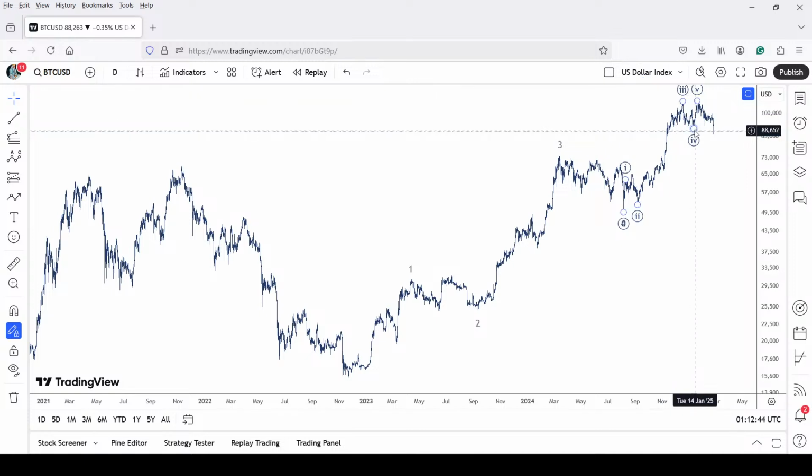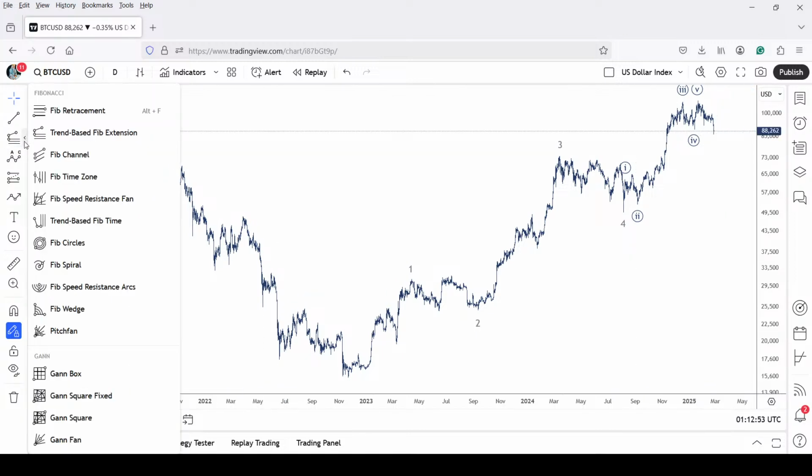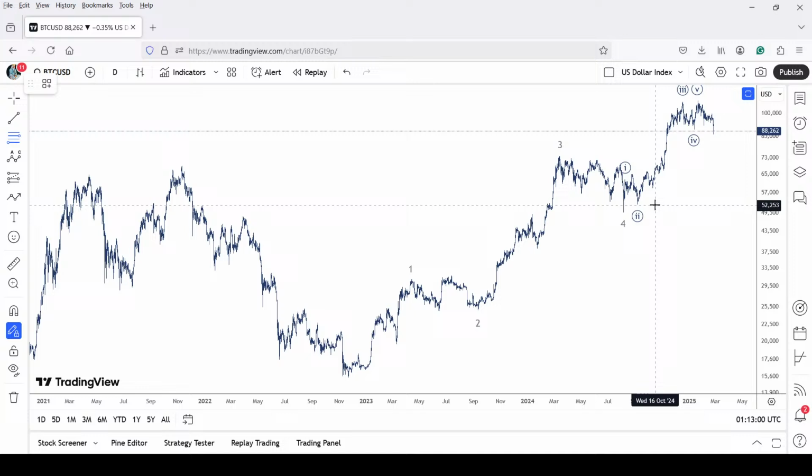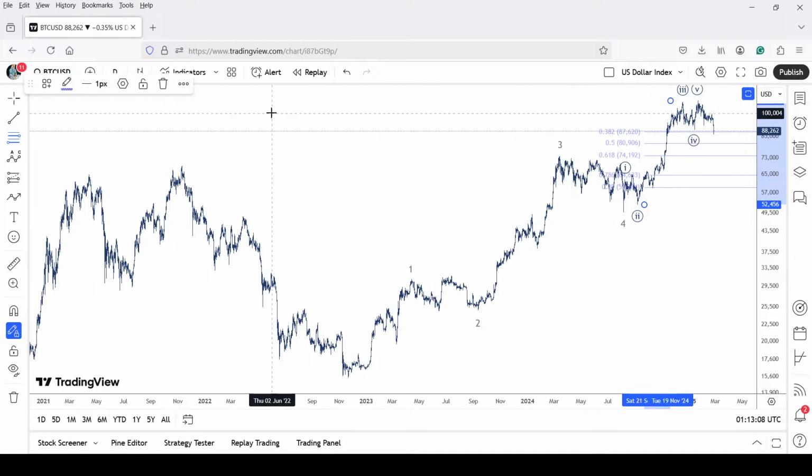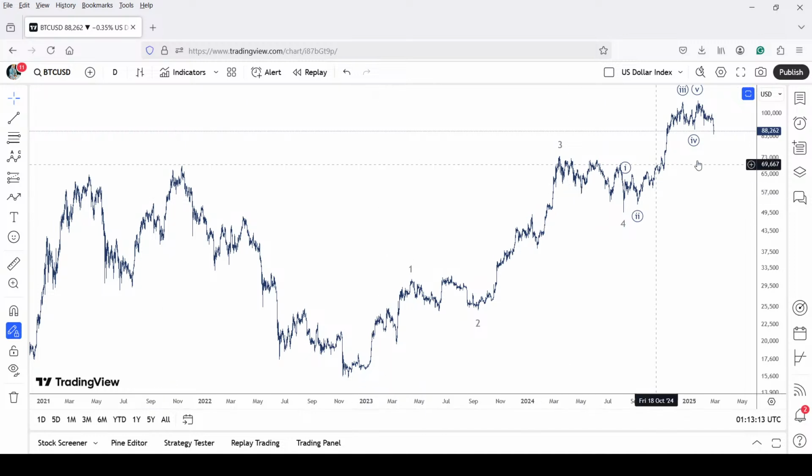It could be an ABC in the making, because as far as wave 4 is concerned, it is not significantly below the 38.2%. It's just testing the 38.2%. So ideally we should hold for one more session.